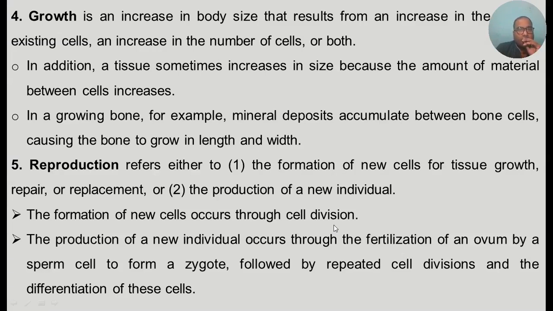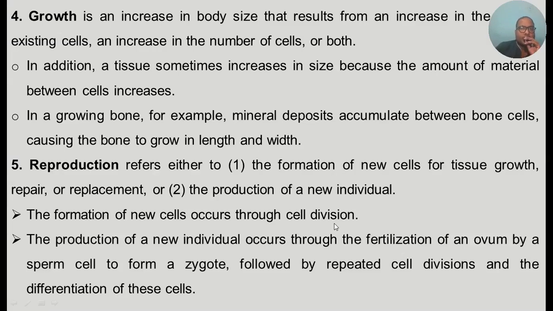Cell division is of two types, mitotic and meiotic cell division. We will discuss it later in some other video. Here we are talking about reproduction, which means formation of new cells, tissue, replacement, repair, or production of new individuals. These all occur through cell division.